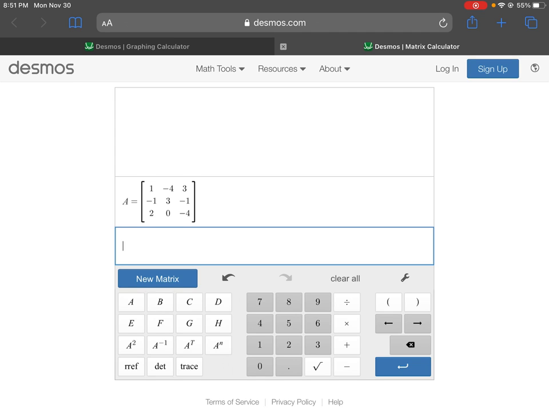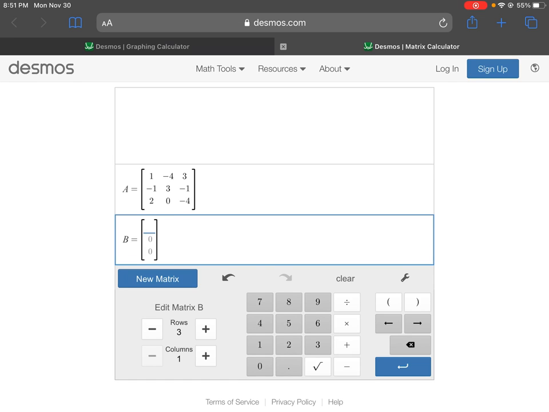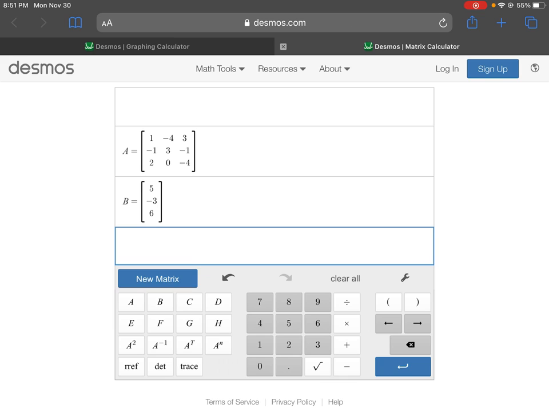I'm going to hit the enter blue arrow, that way it stores the matrix A. And now we also want to store the matrix B, which is our constant matrix. So I'm going to hit new matrix again. Matrix B is a 3 by 1, 3 rows, 1 column. And it is the matrix 5, -3, and 6. Hit enter to store the matrix.